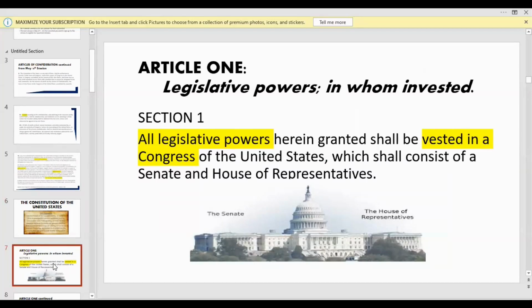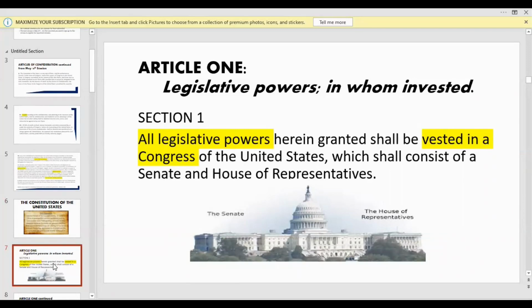The third article creates the judicial system of the United States. There are going to be offices mentioned in each of these sections. When an officer is mentioned, for example, President of the United States, he's in Article 2 of the Constitution. He has Article 2 powers only.